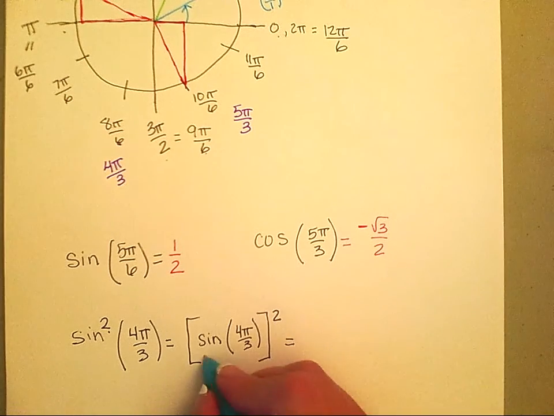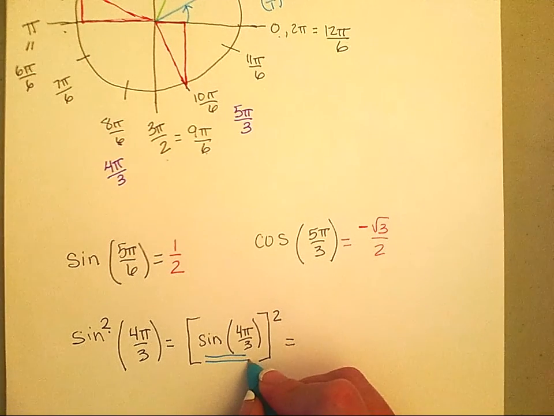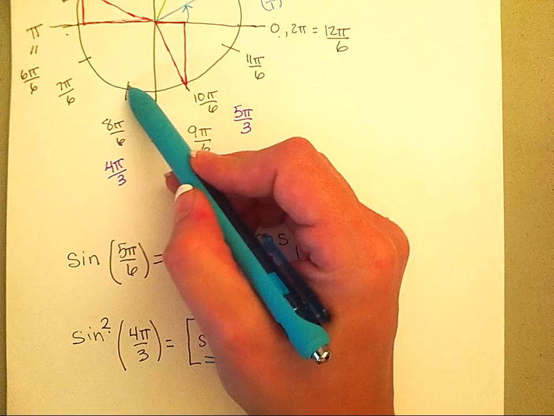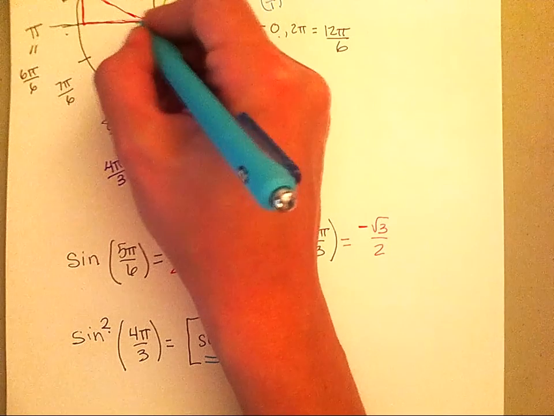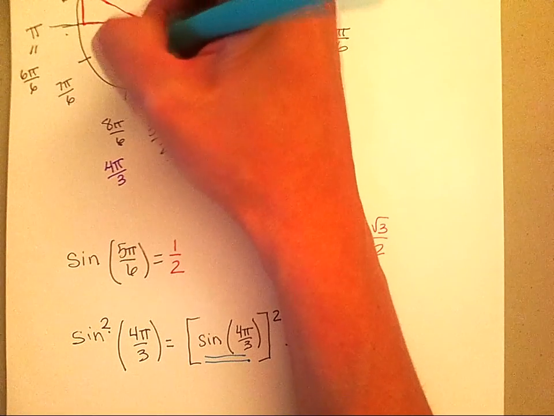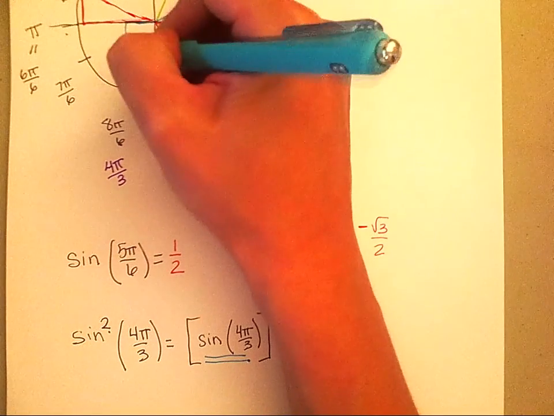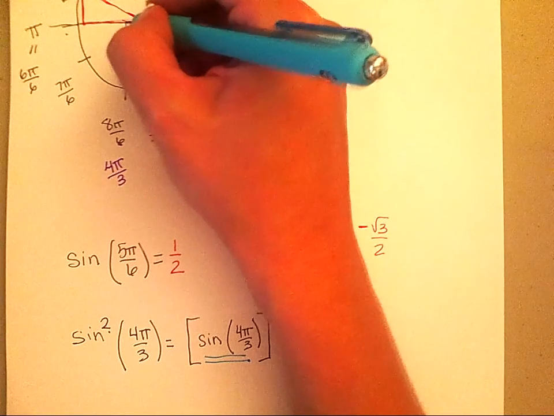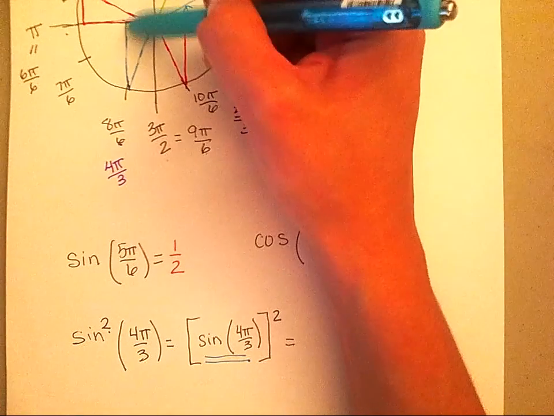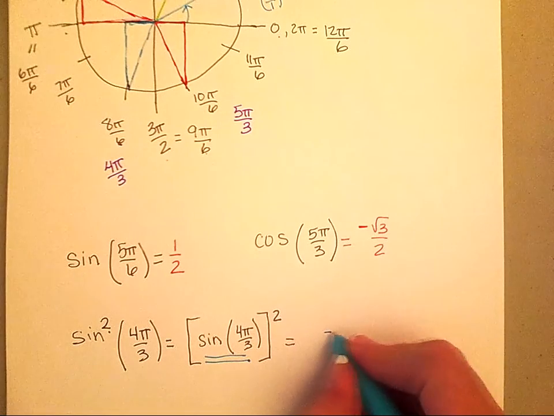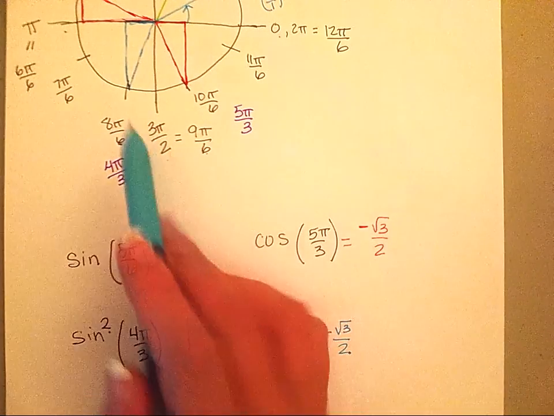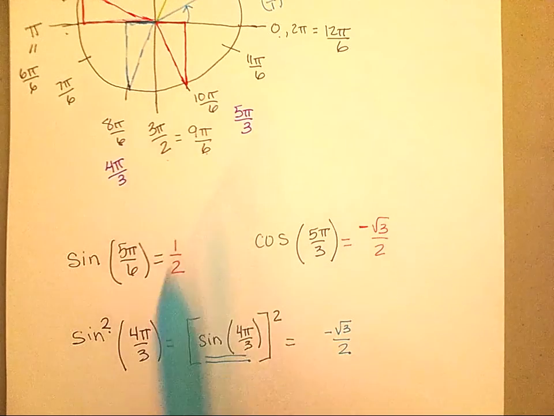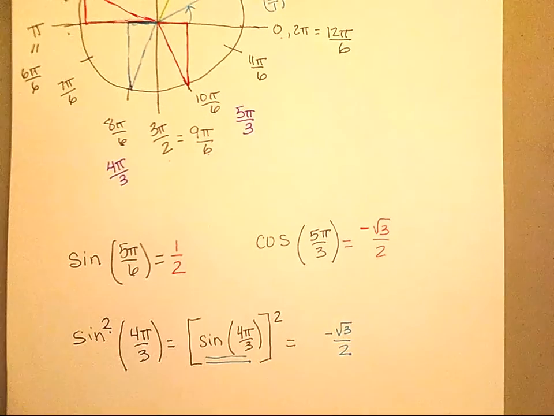So what is the sine of 4 pi over 3? Well, 4 pi over 3 is here. So if I wanted to get there, I would have to go short in the x and long in the y for the triangle. And I'm looking for the sine, which is the y value. So this is negative square root of 3 over 2. And that makes sense that these two have the same values because they're on the same level.